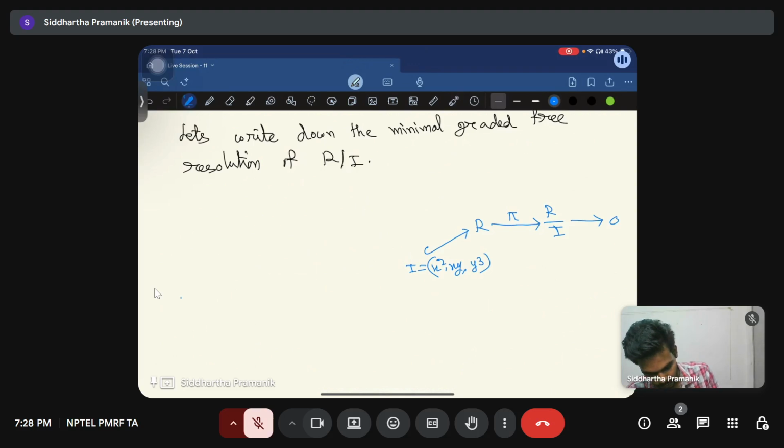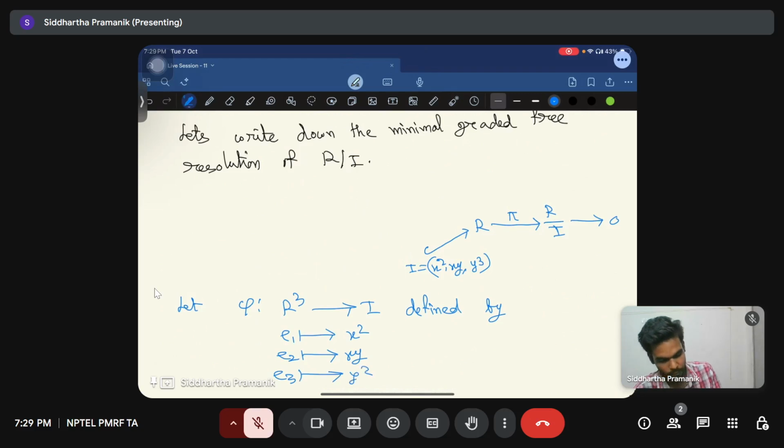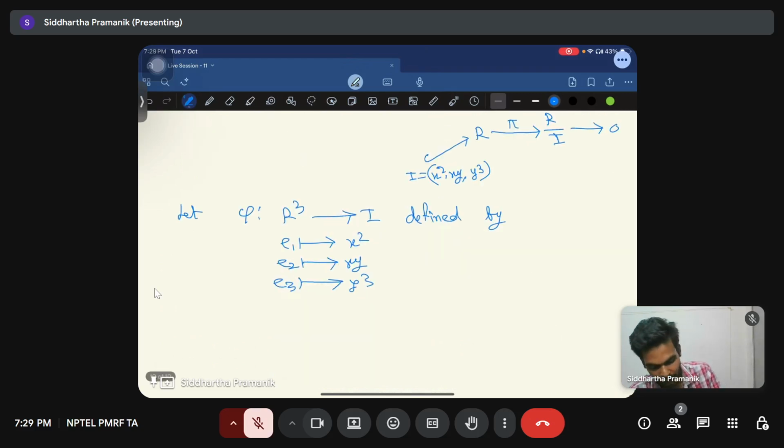So let phi from R3 to I be defined by E1 maps to x squared, E2 maps to xy, E3 maps to y cubed. Then phi is R linear. Then phi is surjective. So phi is an onto R linear map.